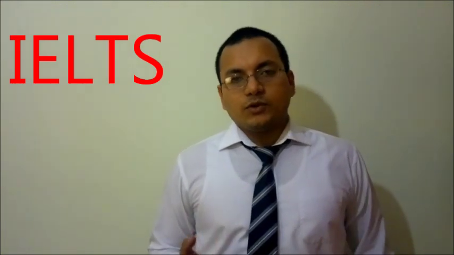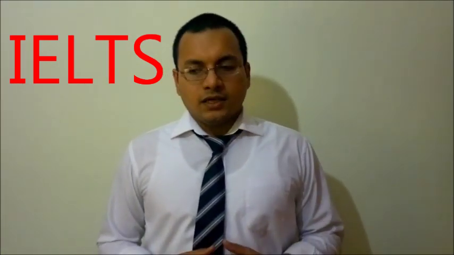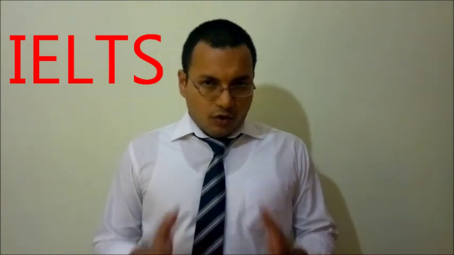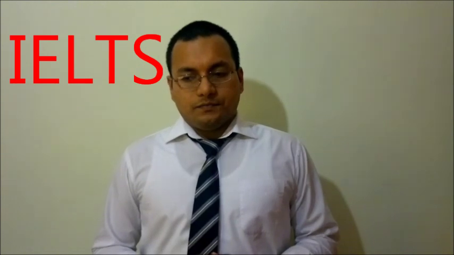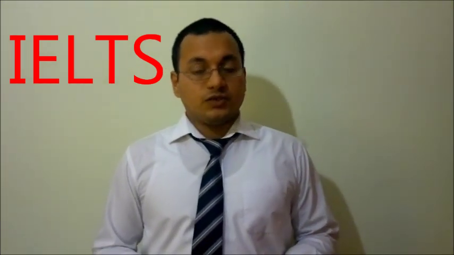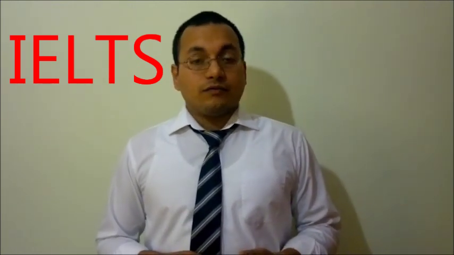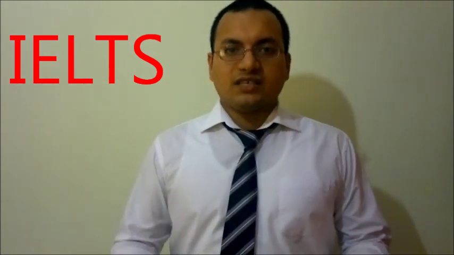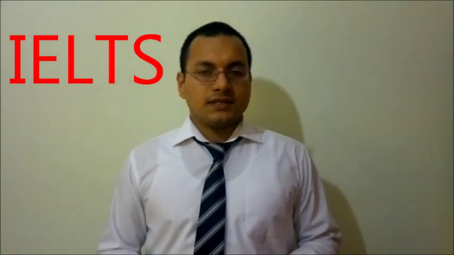Now I'm going to give you a list of connectives of various types, and I recommend that you write them down, and you can use them in different situations in writing and speaking. Of course I'm going to explain later how you can use each of these types.